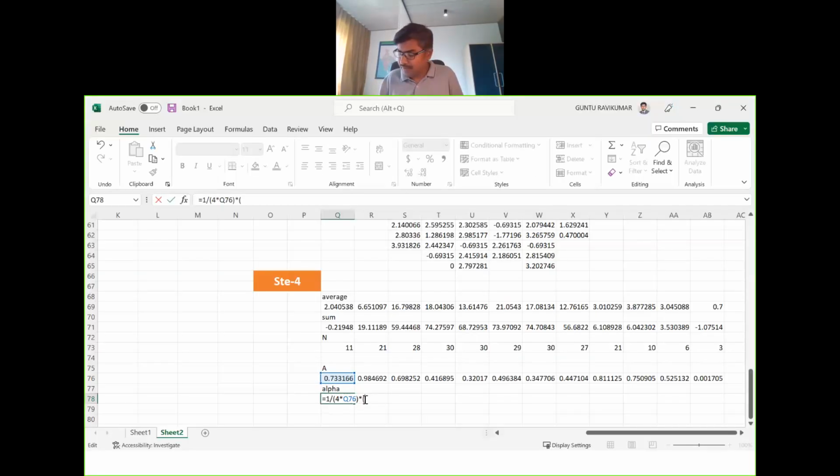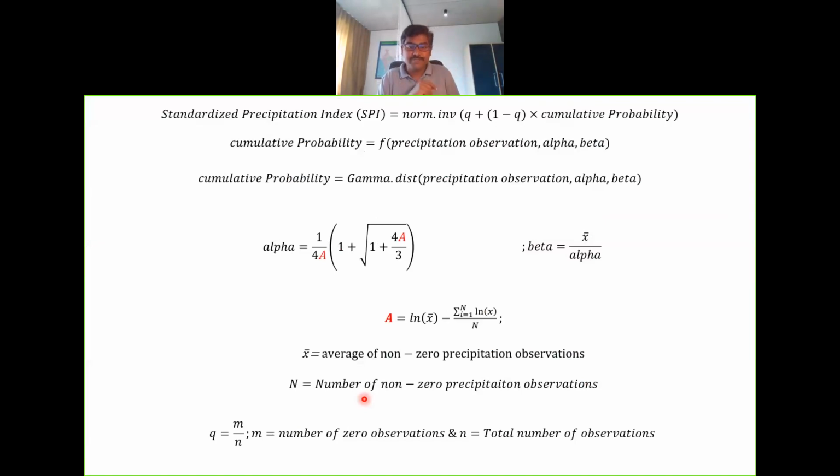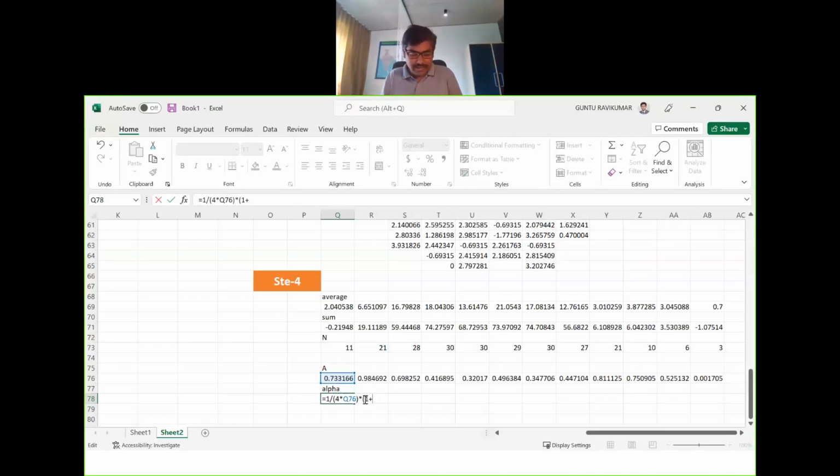Now 1 plus, what do we need to do? Square root of. If you type SQRT, we'll get the square root.